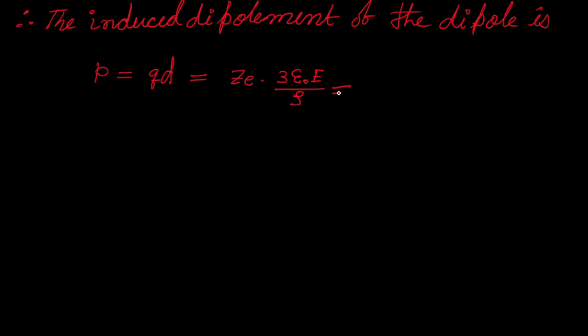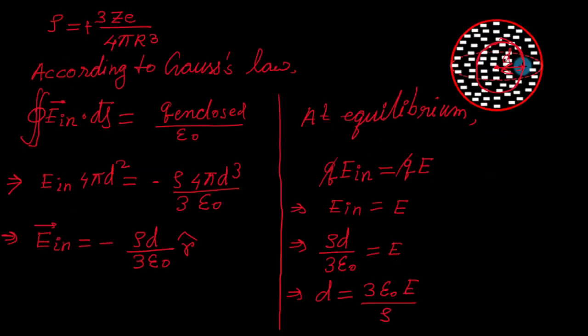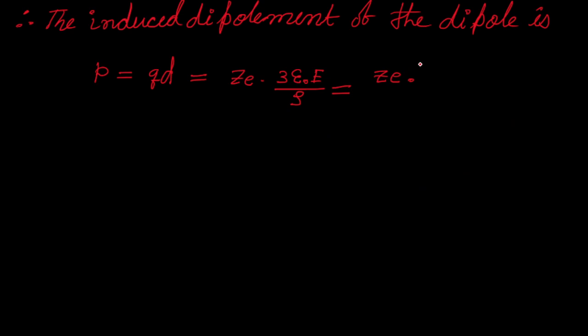So now put the magnitude value of this rho, which we have already written here. If you put the magnitude of rho here, finally you will get 3 epsilon naught E divided by Z e, and then divided by the volume.